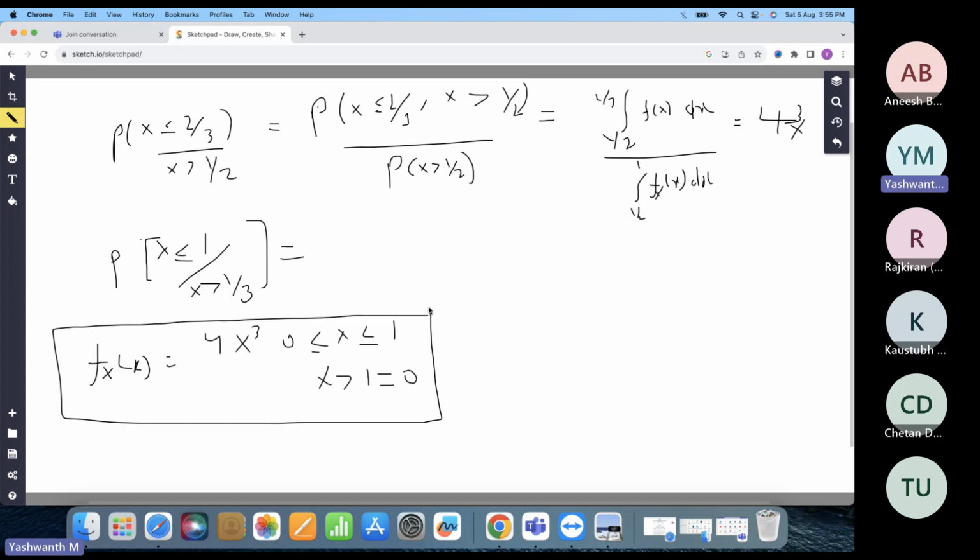So just by looking at the density, can you tell the probability? Your density is only given up to 1, so x less than or equal to 1 is a certain event. So this is 1. You don't even need to compute anything. Even if you compute, you'll get 1.